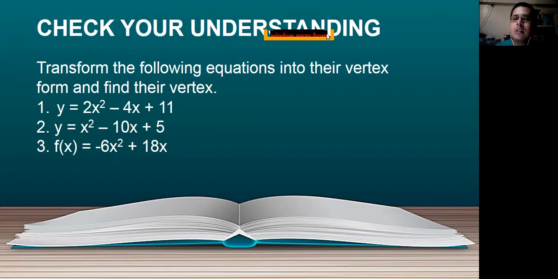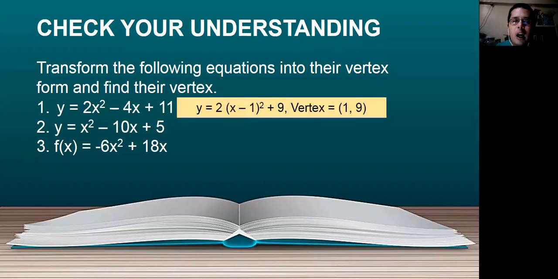Let's check your work, and see if everyone gets it correctly. For number one, your equation is y equals 2 times the quantity x minus 1 squared plus 9.